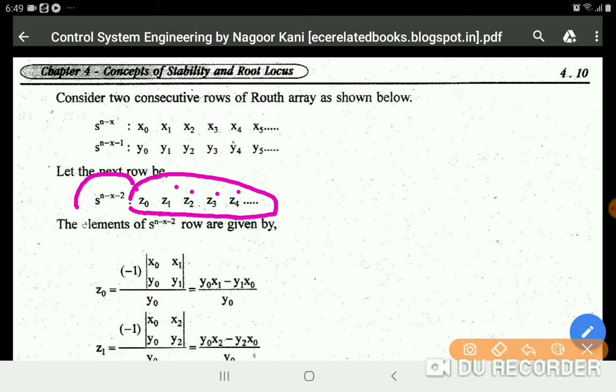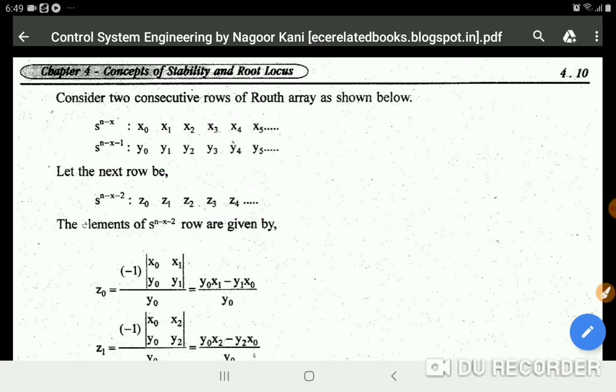See, the Z value Z0 is equal to minus 1 into, see here, the first two columns, minus 1 times the determinant of x0, x1, y0, y1, divided by this y0.